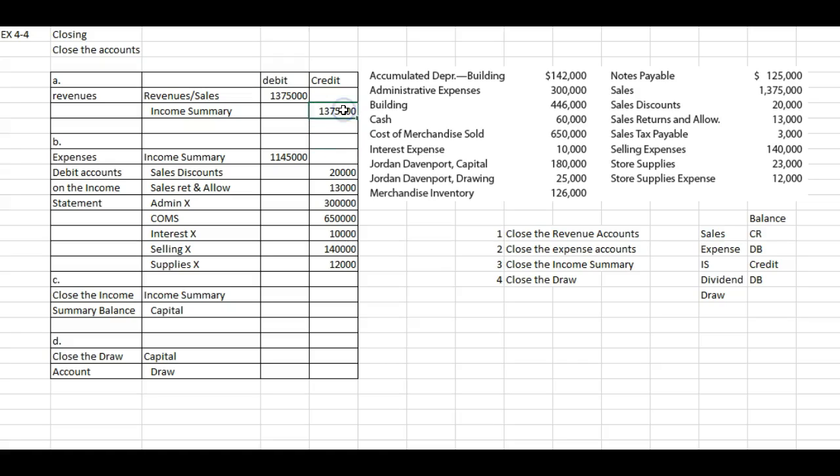I have a credit here in income summary. I have a debit here. And I want to make the income summary now 0. So if you literally know nothing else, you're going to subtract this 1,145,000 from this 1,375,000, and that's the difference. And that means I still have a credit balance here. So if I take this and subtract that, the difference between that, I need to debit the income summary for that amount.